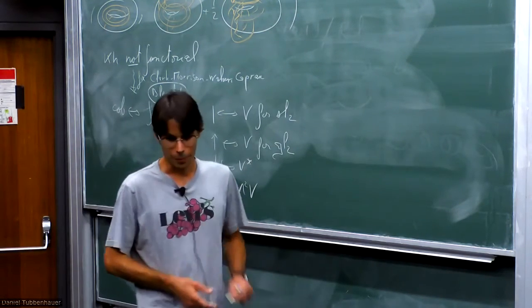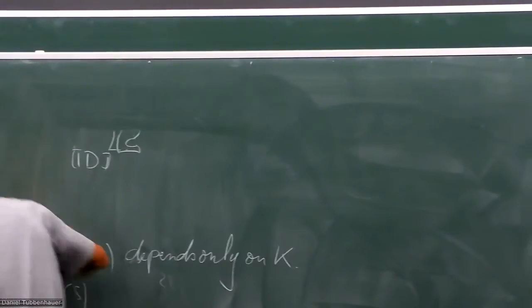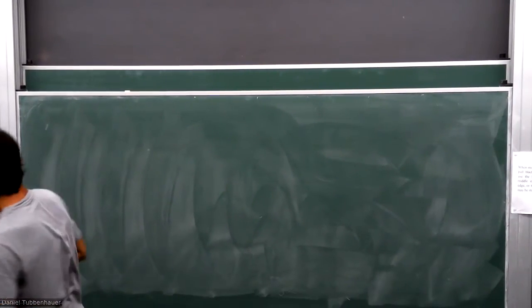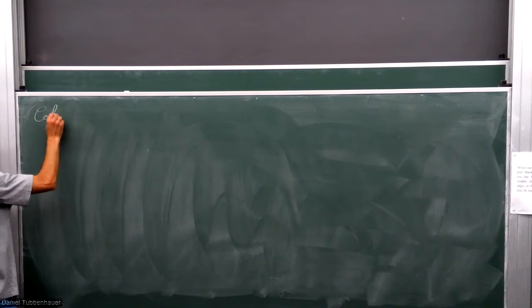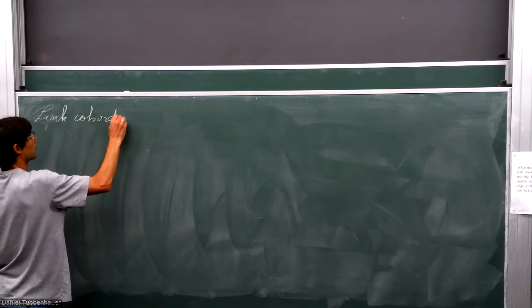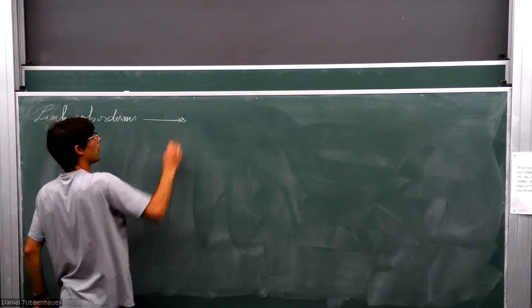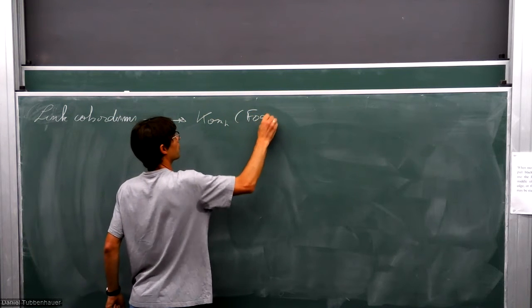So what Blanchet's theorem gives us is the following. It gives us a functorial theory that goes from link cobordisms to complexes, up to homotopy.